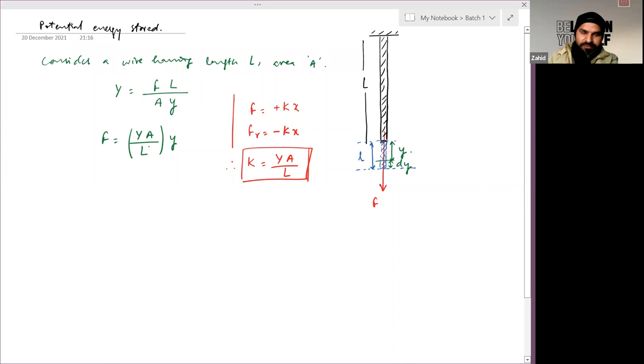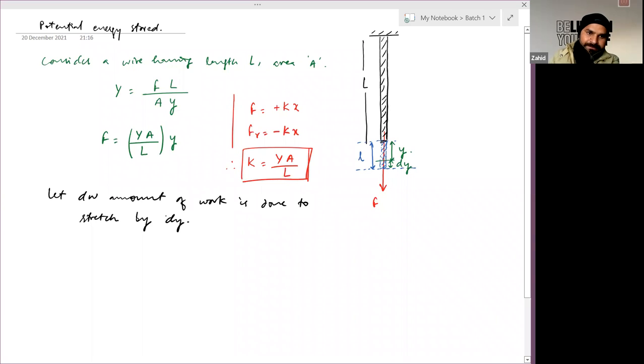Now, with this much force having extension y, if you have to extend further by dy, we need some external work done on this wire. Let's say dW amount of work is done to stretch it by dy.